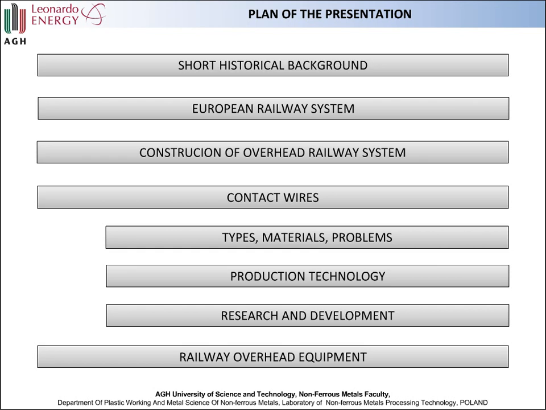I will also describe materials used for contact wires, production technology, and research and development works that are currently ongoing in that subject. At the end, I will shortly describe details of railway overhead equipment, which will consist of materials description, problems existing, and R&D works done on both new materials for the equipment and new production technologies.